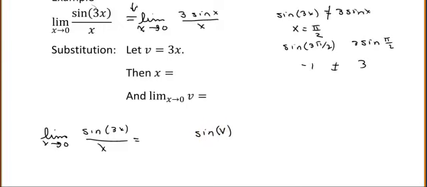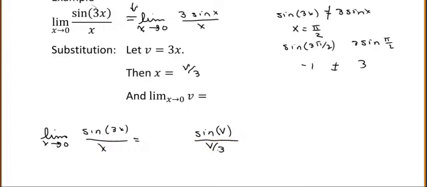If v is equal to 3x, that means x is equal to v divided by 3. So in the denominator instead of x we'd have v divided by 3.